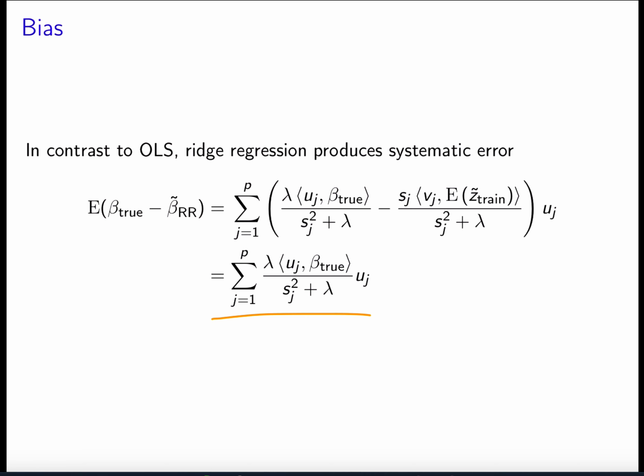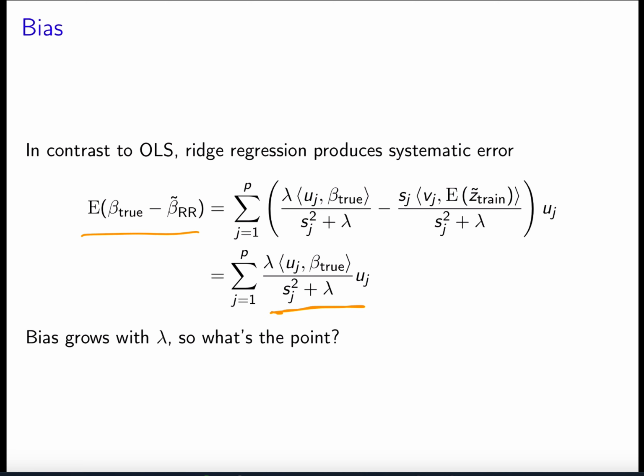Or rather, we take beta true and we subtract that guy, and this is what we obtain. You can check, again, the actual values don't matter too much. The detailed calculations are in the notes, and you can ask us questions. But the point here is that this bias, this systematic error, on average, the average error actually grows with lambda.